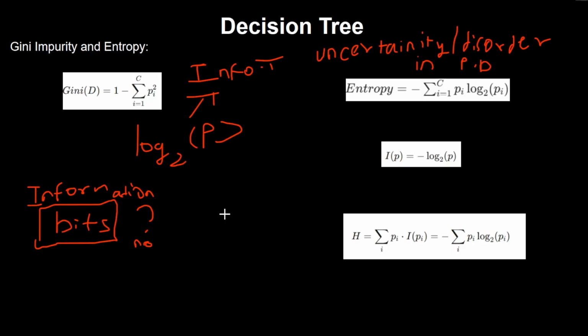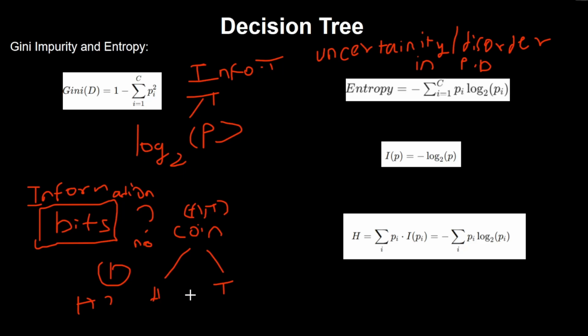So what do we mean by that? Let's see an example. Let's take just a simple coin toss. We flip the coin, we get head or tail. Initially we know that it can be heads or tails. So here we need to ask only one question: is it head or tail?